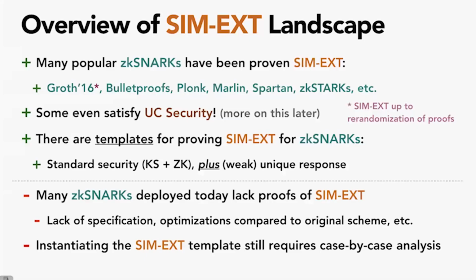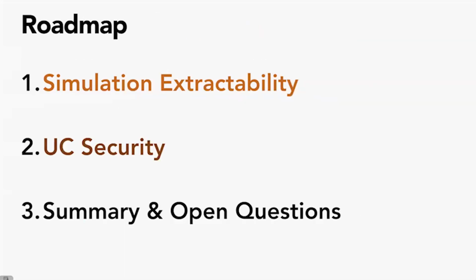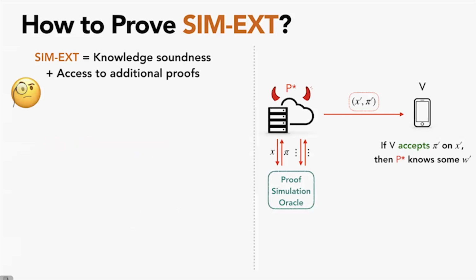So let me go into the details for simulation extractability, and then also talk about UC security and end with some open questions. The central point in proving simulation extractability is that it's mostly just knowledge soundness, right? Except that the adversary has a bit more power.